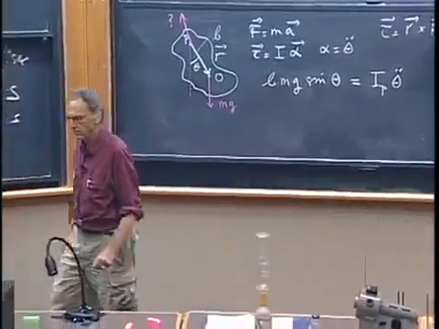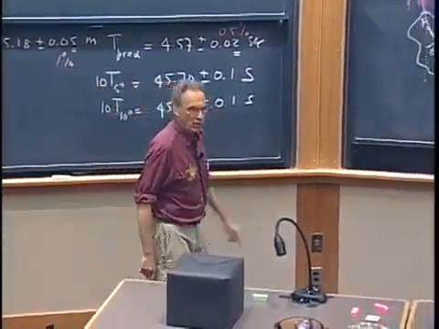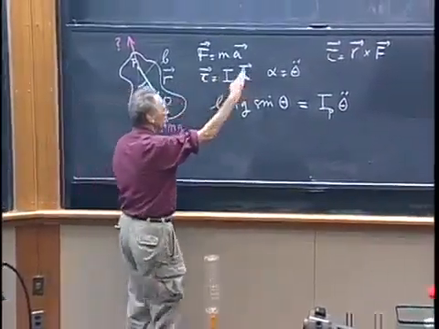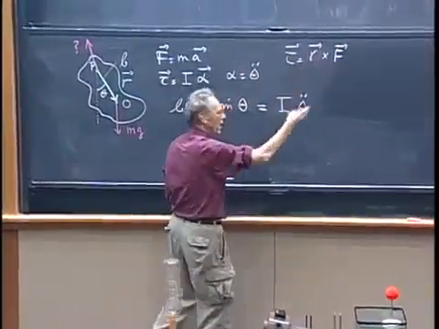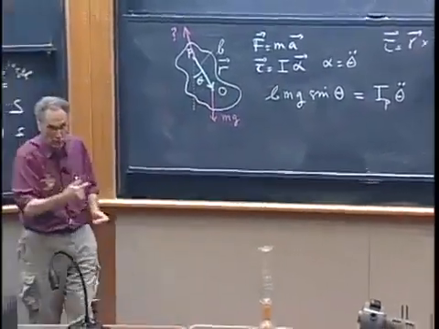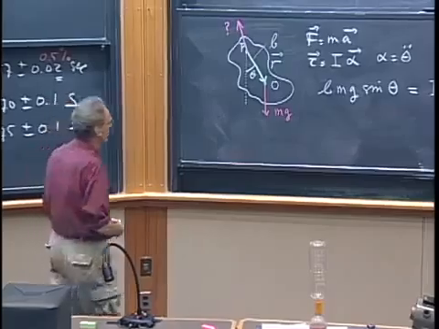However, it is a restoring torque. The torque, and you can do that with your right hand, whatever way you have learned how to do that, the torque is perpendicular to the blackboard, in the blackboard. R cross F is in the blackboard.